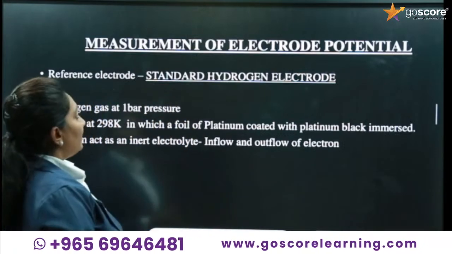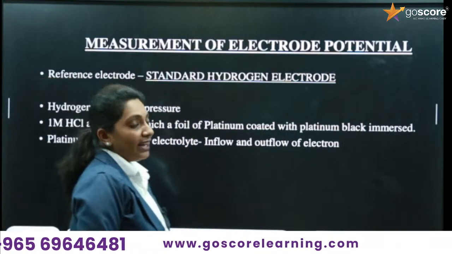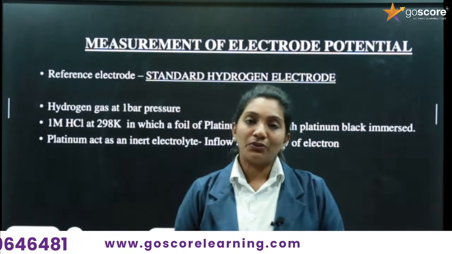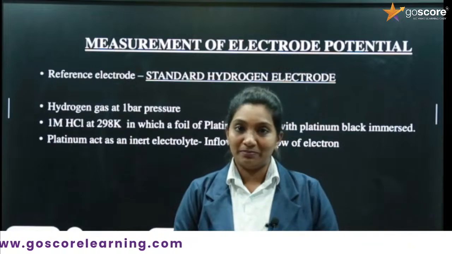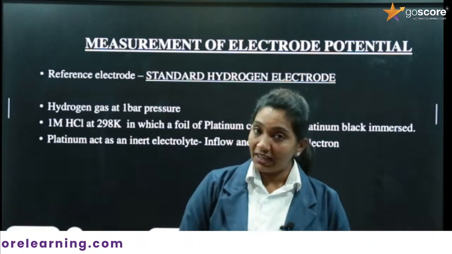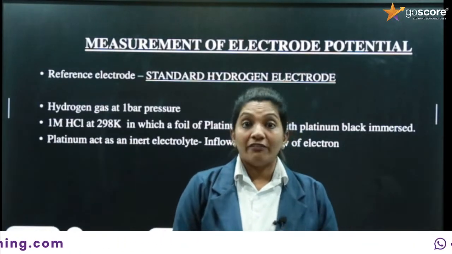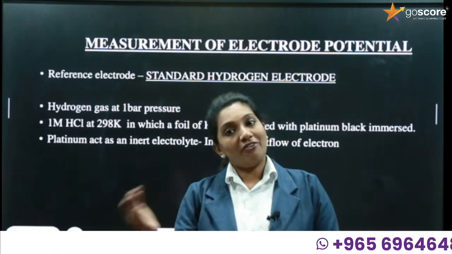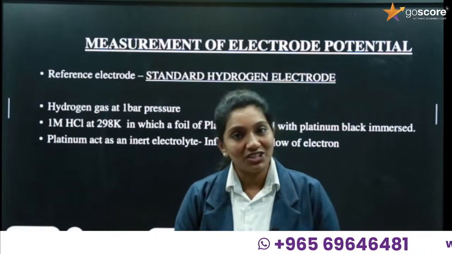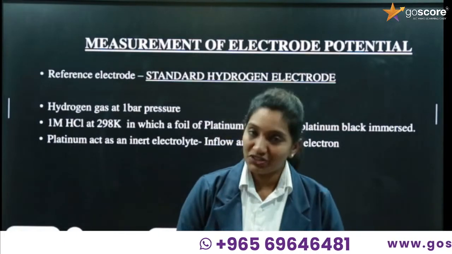Okay, now see the measurement of electrode potential. How can we measure the electrode potential of a metal? We cannot do it with a single electrode, because we should have an oxidation half reaction and a reduction half reaction.